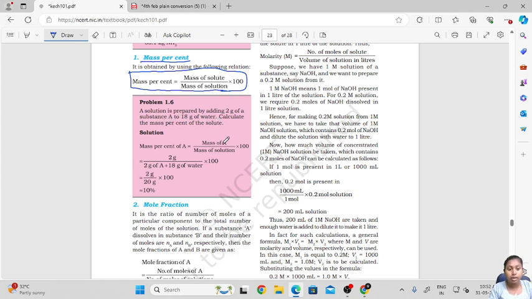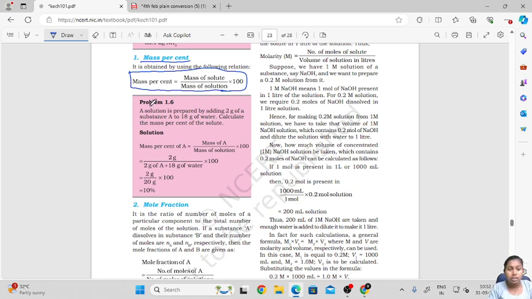Now here you have asked the mass percent of the solute, right? So mass percent of A equals mass of A, A is the solute, right? Mass of A divided by mass of solution multiplied by 100.